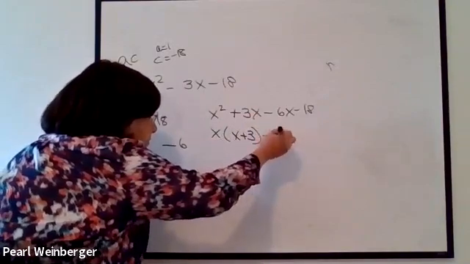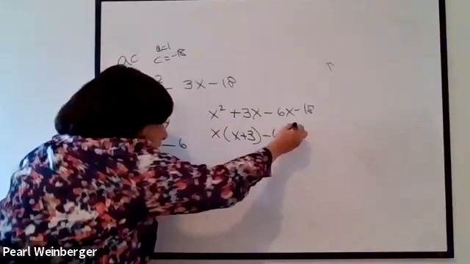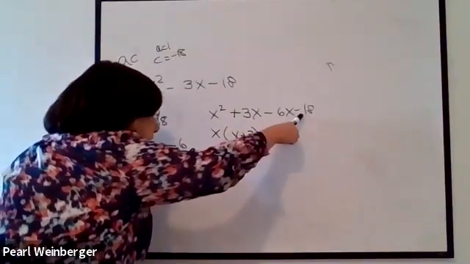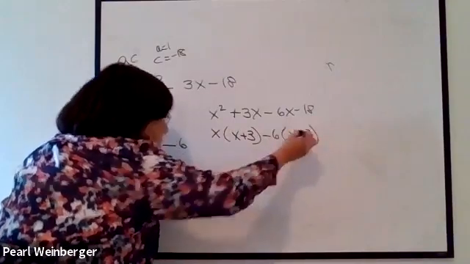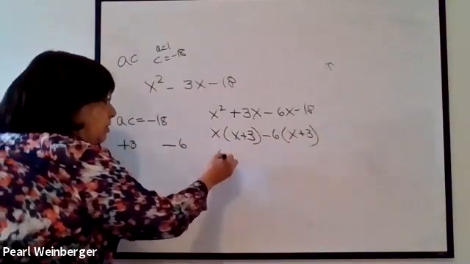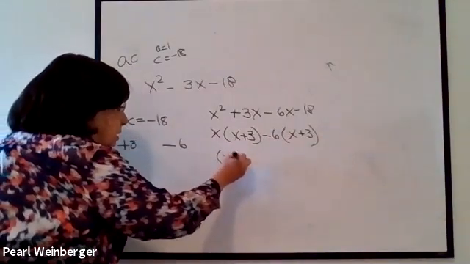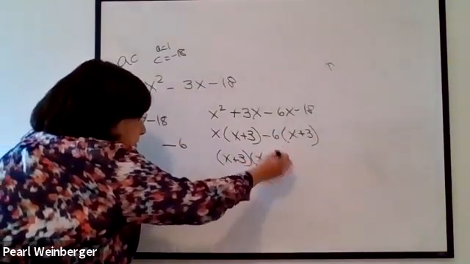So I put the negative 6 on the outside. Negative 6 into negative 6x is x. Negative 6 into negative 18 is positive 3. And now I have a common binomial of x plus 3. So that goes first, and my x minus 6 goes second.